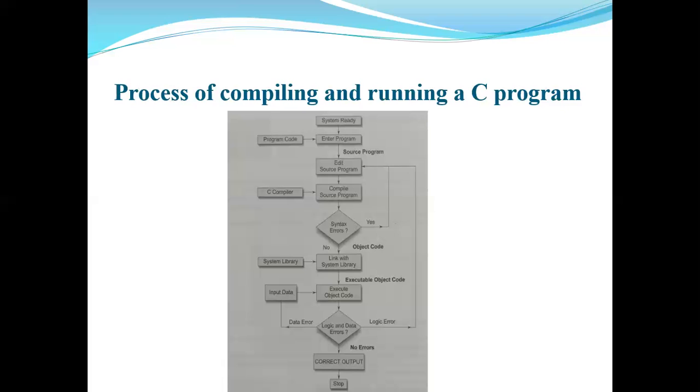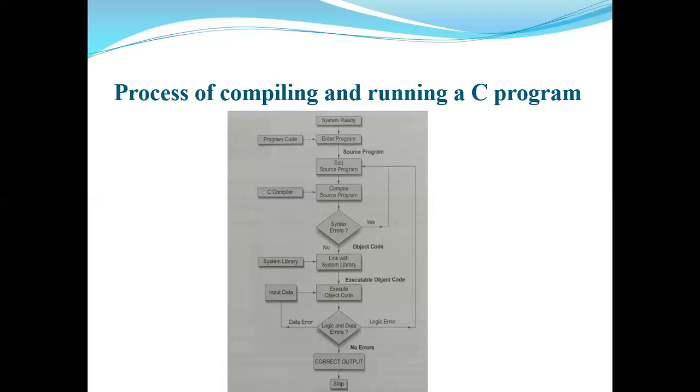The flow chart given here is telling us the process of compilation and running a C program. Flowcharts can be written for each single program separately. It tells us where the program is starting, how the data is flowing, and what the logic of the program is.